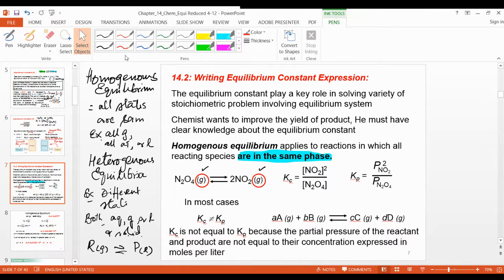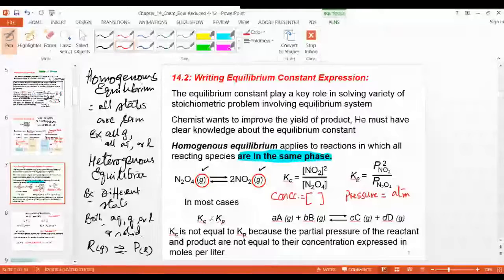Okay, now the concentration here is expressed by brackets, as I told you. Here the pressure is expressed in atmospheres.